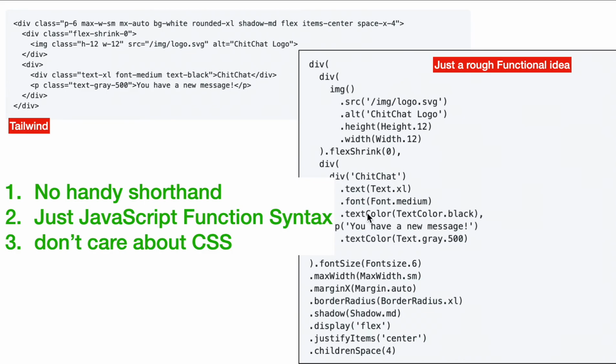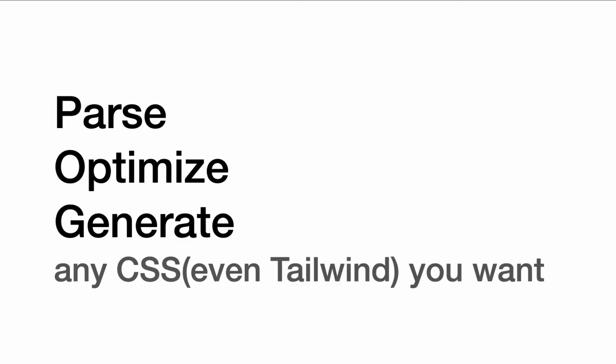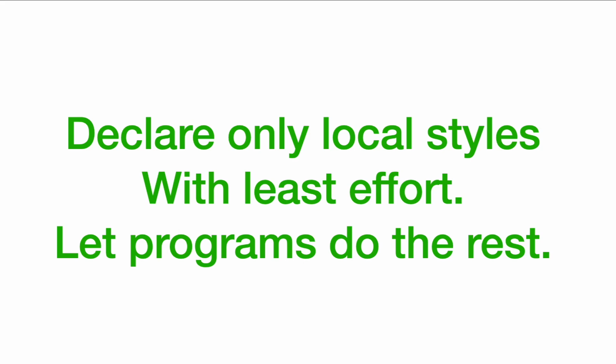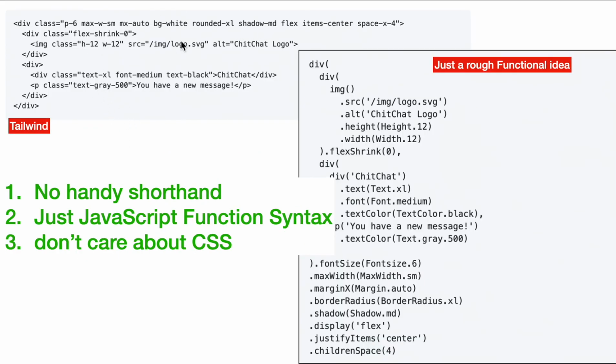So we already break up all the styles into single ones, and we could use the program to optimize and generate any CSS. Even if you want the output to be Tailwind, I believe the parser will be able to do that and just generate the code if you want, right?